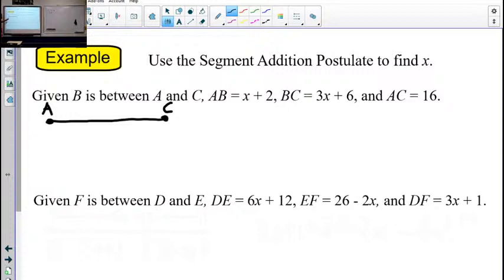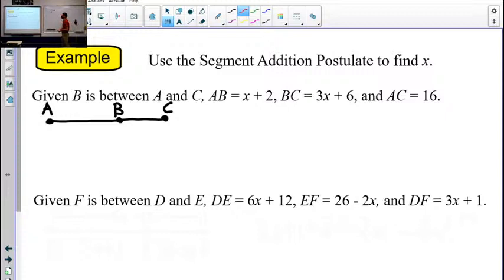Now when I say in between, it's not going to go exactly in the middle. We'll talk about later what happens when B is exactly in the middle. But for now, we're going to put it a little bit off center. So let's put it over there. That may not be exactly where B goes, but it's just to give you a visual that it's somewhere in between.